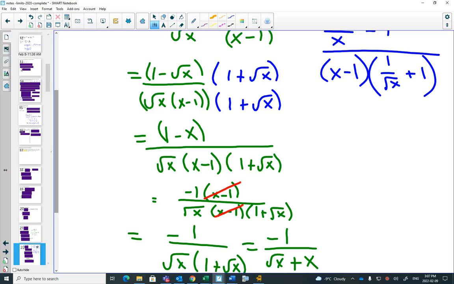So whenever you have a factor that's almost identical, like one of them is x minus 1 and the other one is 1 minus x, you can always factor a negative out to make them cancel.